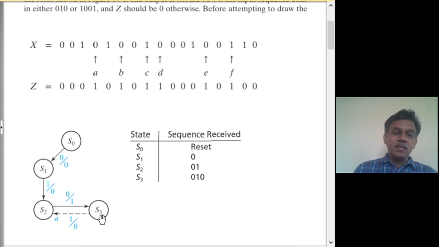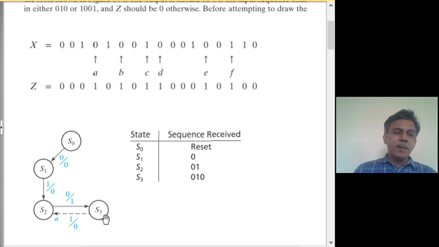At this stage we may not know whether we should create a new state or use an existing one. They are different, because S1 has a different designation: it is the case where only a 0 has occurred. Here a 0, 1 followed by a 0 has occurred. So they are different, and we will create a state called S3. So this much is very clear.